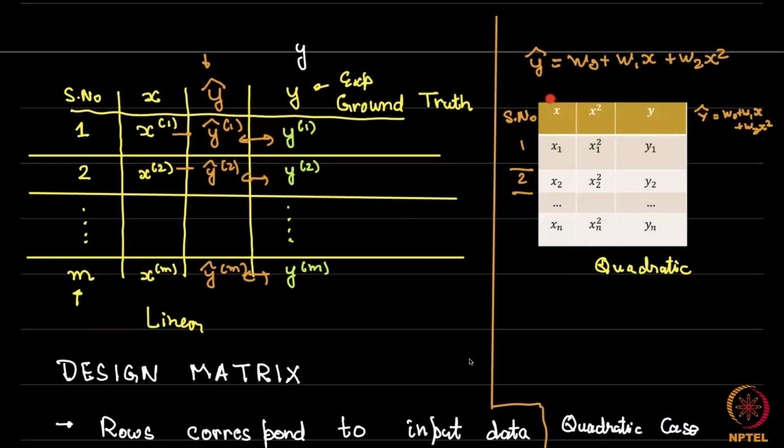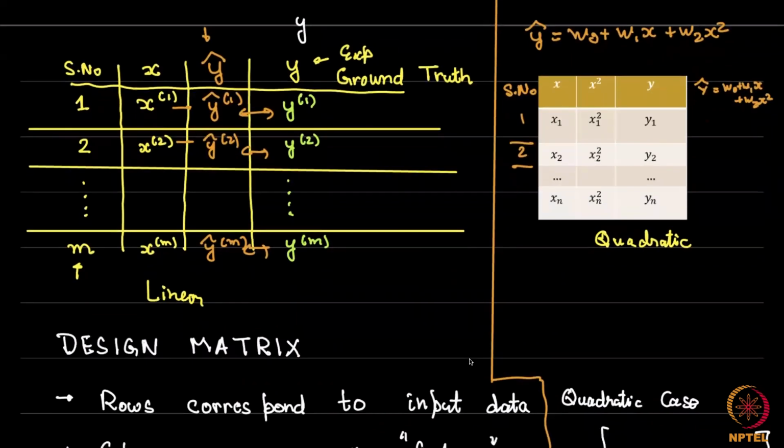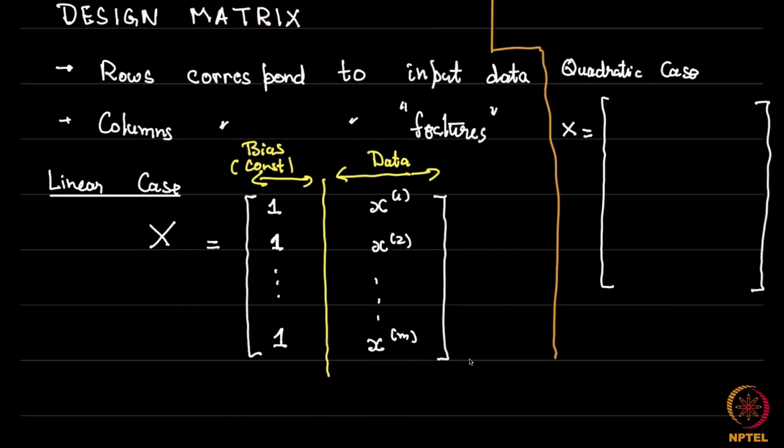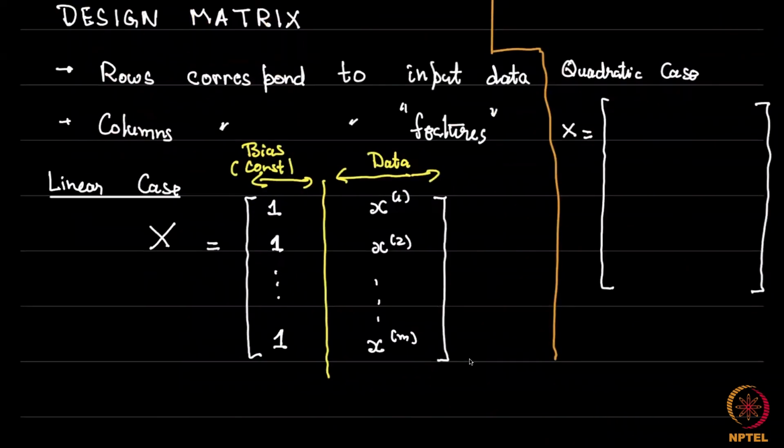The data, input data was X as well as X squared. Okay. Now you might say X square can be inferred from X, but that's not the point. As far as the model is concerned, X has to be given separately and X square has to be given separately because it's multiplying different coefficients. Okay, so let's come back here. And with an analogy to the linear case, this would be 1, all these biases. Then I'm going to call this X subscript 1 because we have to put a square.